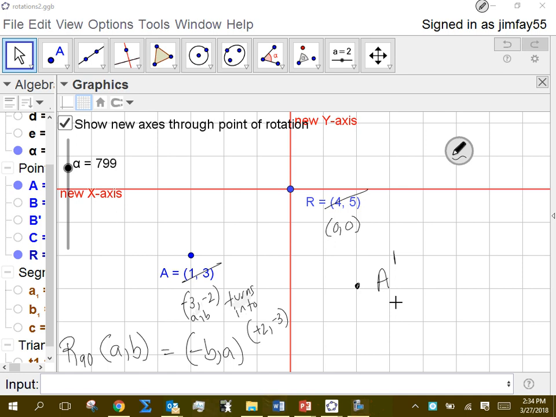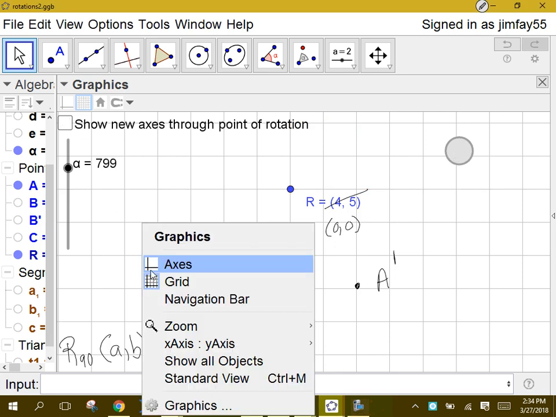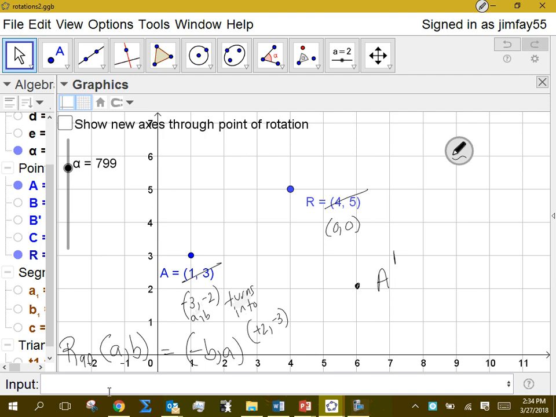Okay? Now, if you remember what we did earlier, I took out the traditional normal axes, right? So these really aren't there. It's these that are there. So how do I name A prime off of those? 6, 2. Okay?